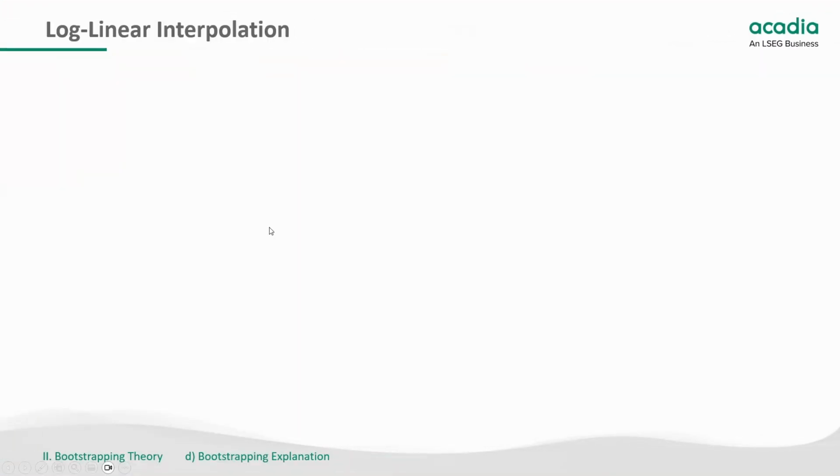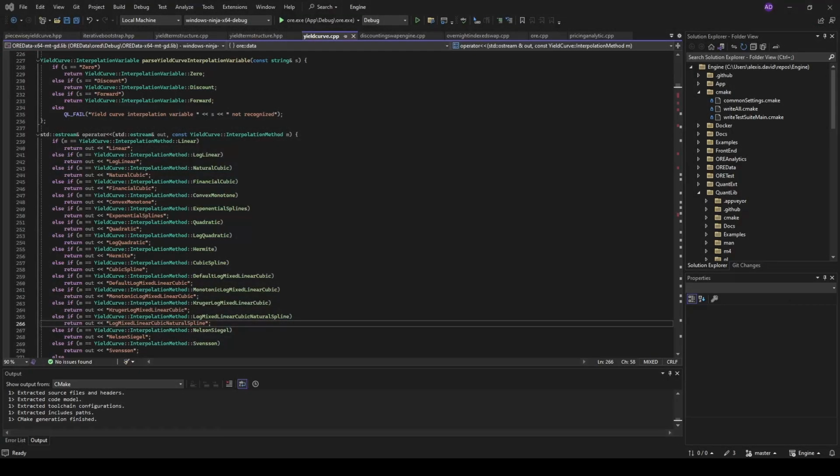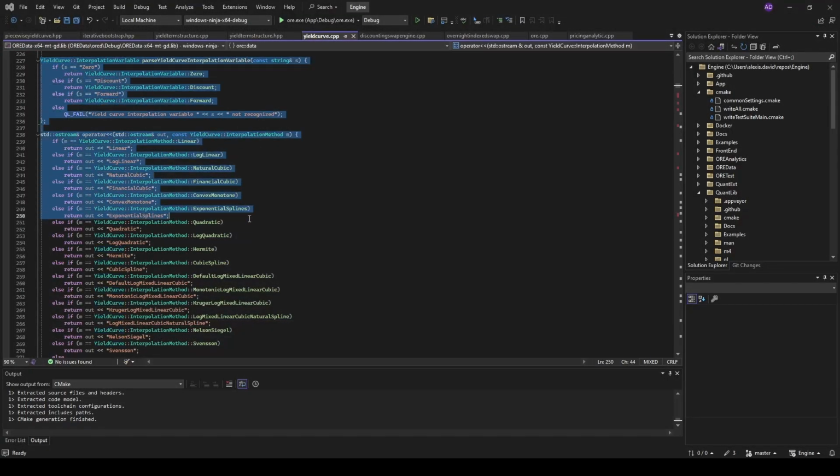More specifically, we use log linear interpolation in the case of discount factors, which means we do a linear interpolation on the logarithm of the discount factor, and you can see it here. Now, there's a lot of different types of interpolation, and here you can see just a few that we have available in ORE. The advantages and drawbacks of each of them and their typical use definitely deserve another video. However, just one thing: we want the type of interpolation chosen to conserve arbitrage-free properties.